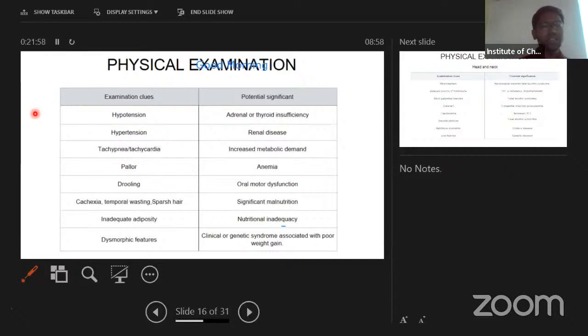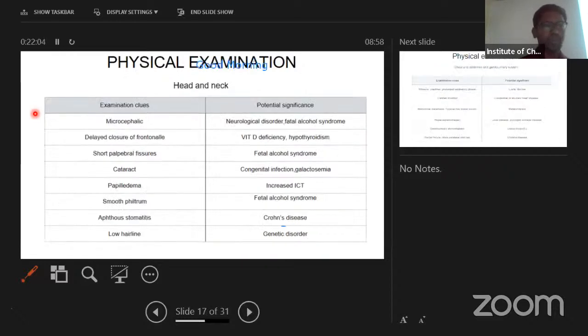The dysmorphic features are very important for genetic syndromes. Microcephaly, a neurological disorder, is seen in fetal alcohol syndrome.